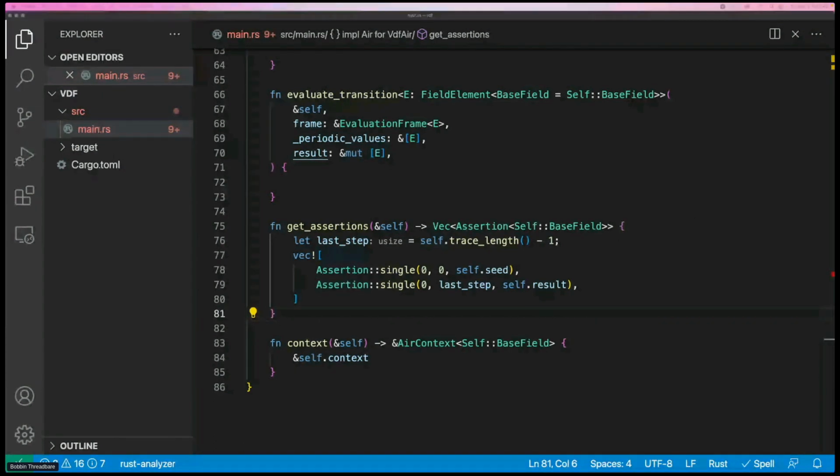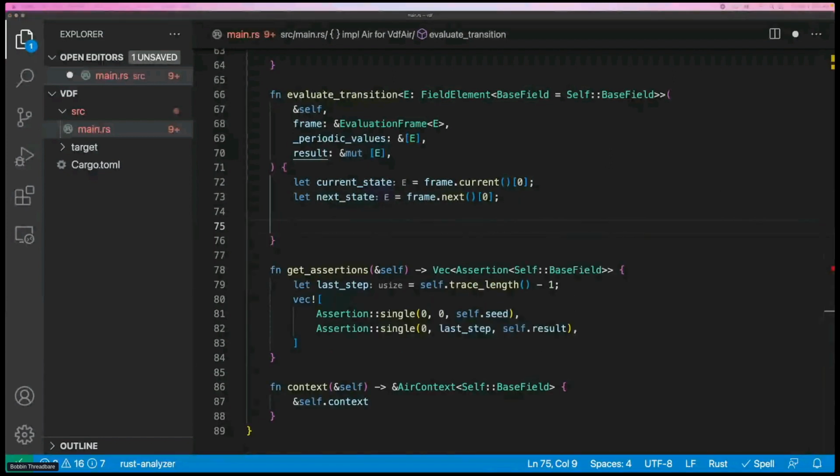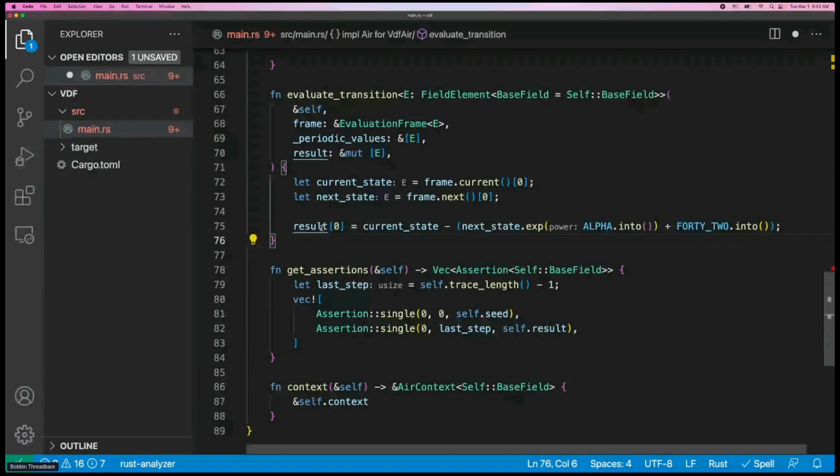For our transition constraints, again, they are fairly simple. We'll just get the current and the next state from the evaluation frame, and then we have a single transition constraint. This transition constraint takes the current state, takes the next state, applies this alpha power to it, and then adds 42.